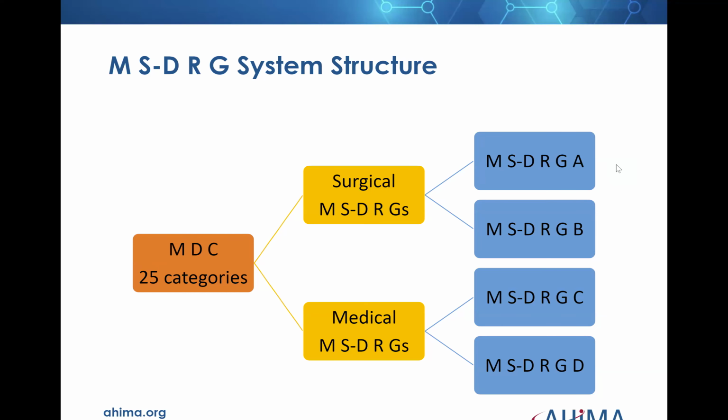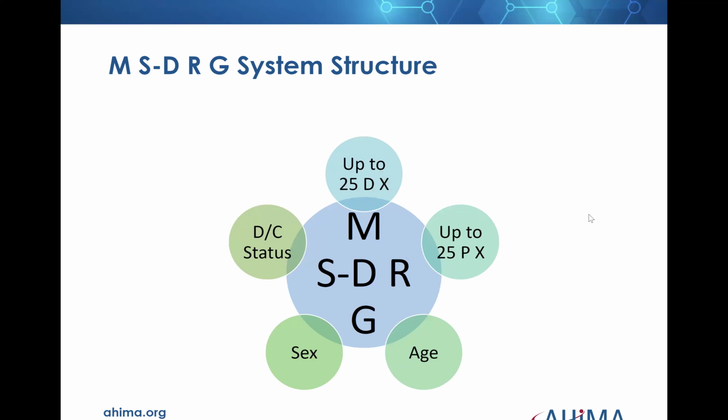From there, we determine whether it's a surgical or medical MSDRG. And then these are subdivided. And the structure of MSDRG, which is a Medicare Severity Diagnosis-Related Group, is based on the principal diagnosis or principal procedures, right?